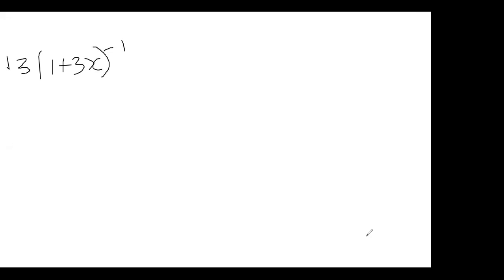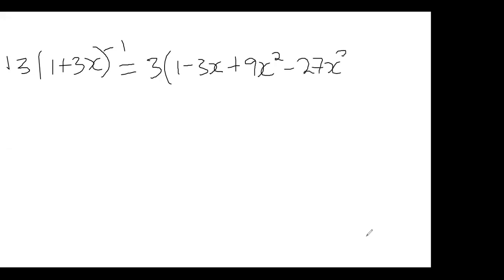So we had the expansion for 3, 1 plus 3x to the power -1. And this is supposed to simplify to 3, 1 minus 3x plus 9x squared minus 27x cubed, then plus those dots.